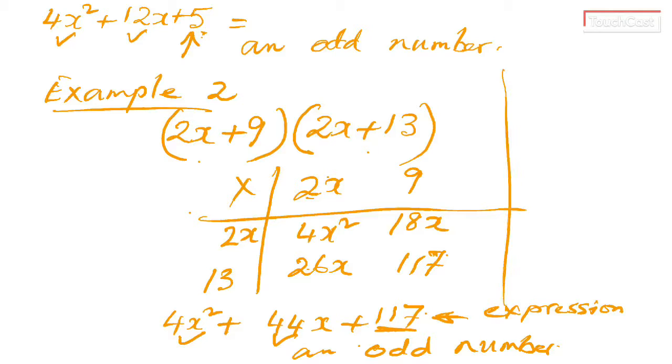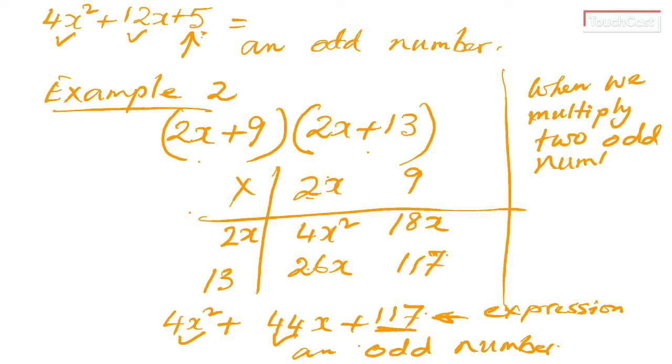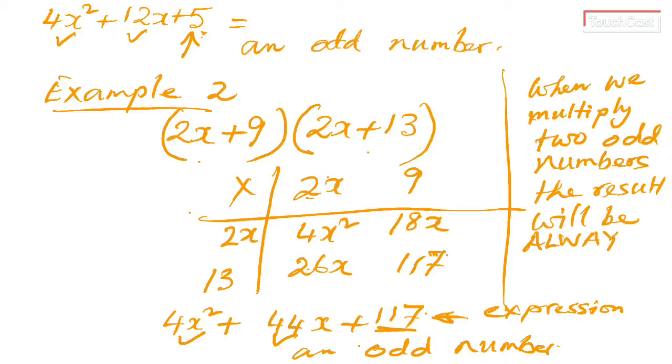Now finally we should be able to write the generalized statement, which is very important. Students tend to forget it. When we multiply two odd numbers, the result will always be odd.